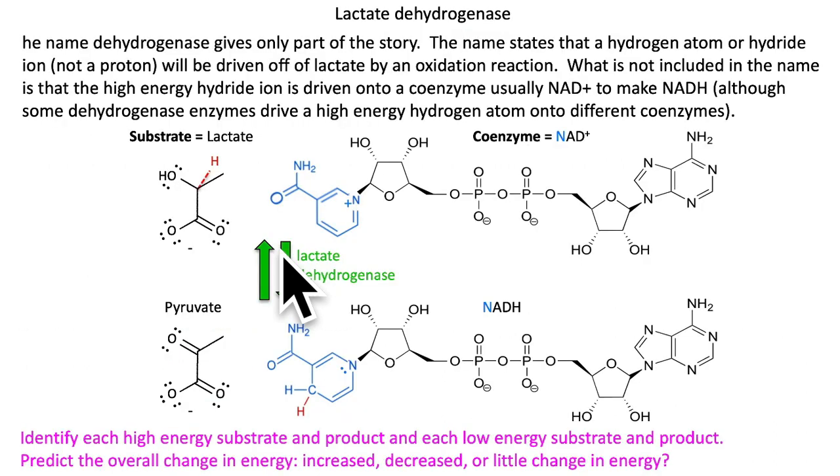Lactate dehydrogenase dehydrogenates lactate. So here I'm showing the hydrogen of interest on lactate, and you drive that hydrogen, that hydride ion, onto NAD. And we looked at NAD: nicotinamide adenine dinucleotide, base-base, ribose-ribose, phosphate-phosphate.